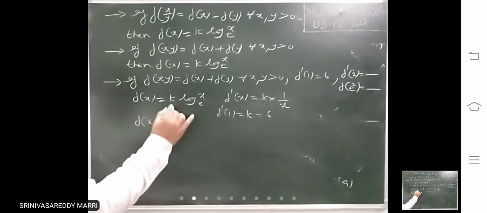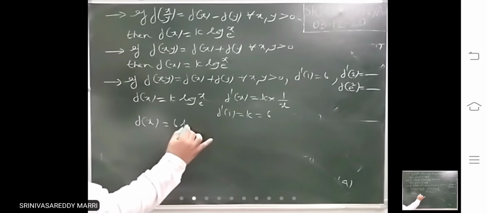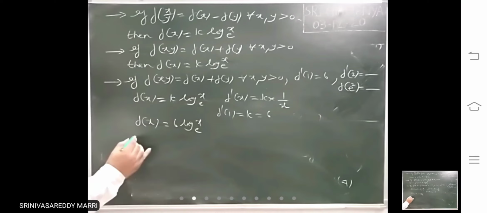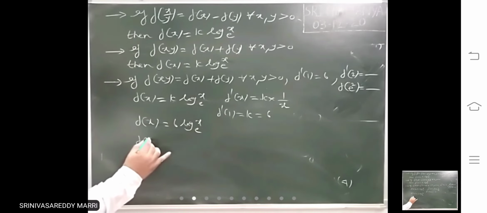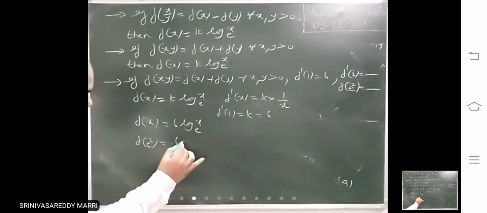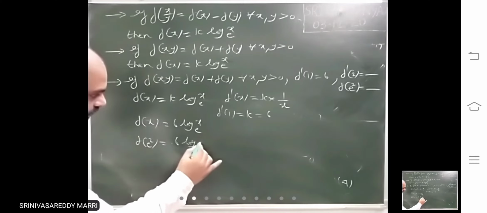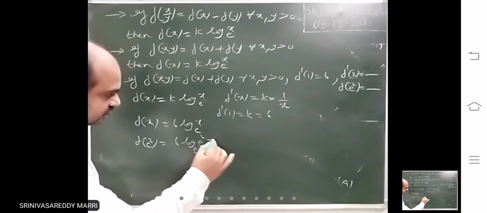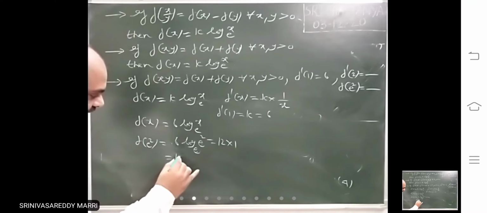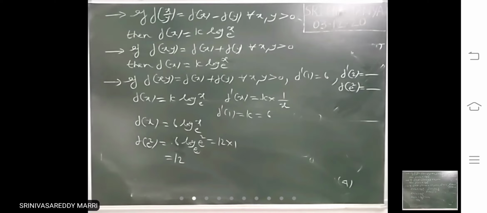If you substitute k, it is 6 log x to the base e. That means f of e square is nothing but 6 into 2, so write the exponent outside: 12 into log e to the base e, which is 1. So f of e square is 12.